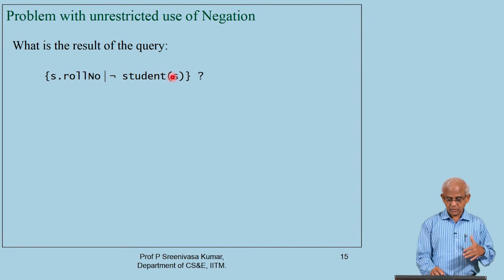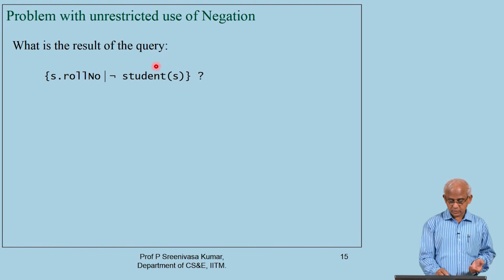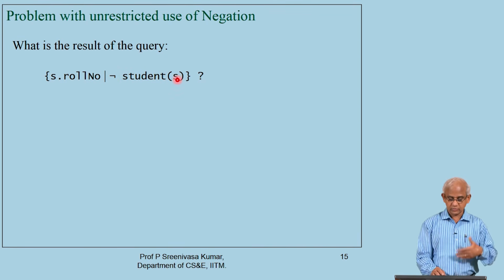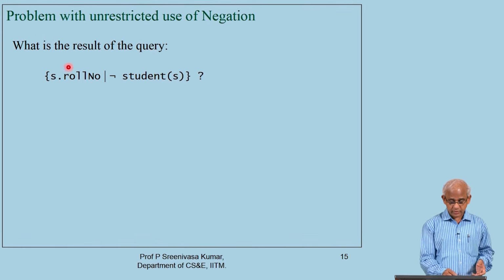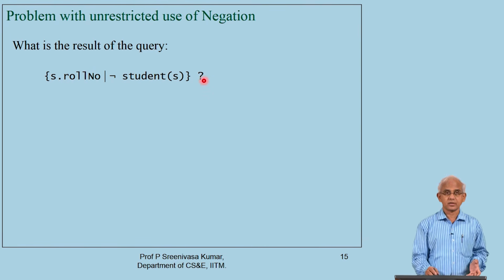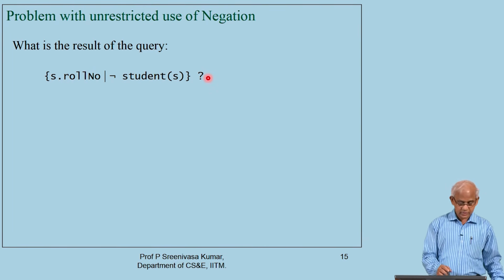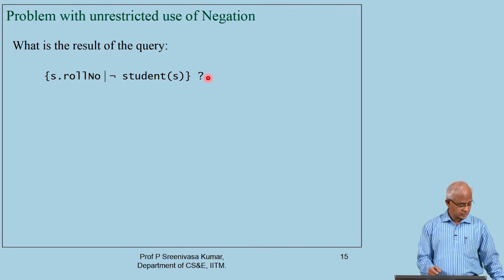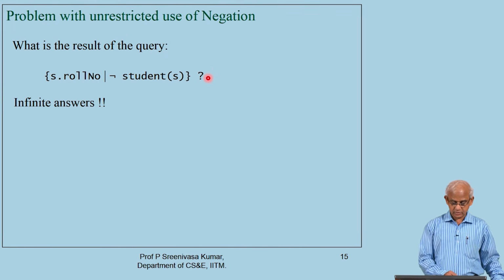What about tuples that do not correspond to the student tuples? There may be infinitely many such things, because they do not match a student tuple. So, for all of those, student S is false, and because we have put a negation here, not student S is going to be true for all those infinitely many tuples. And so, in all of them, whatever is mentioned as roll number will be reported as the result, and in fact it will generate an infinite number of answers.